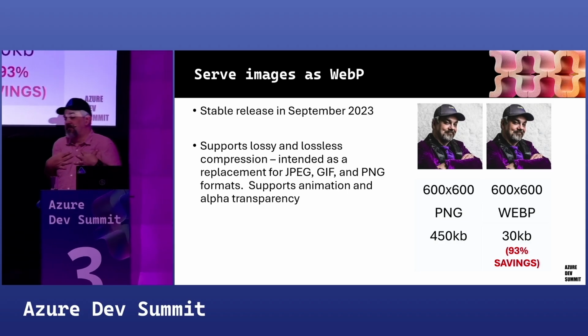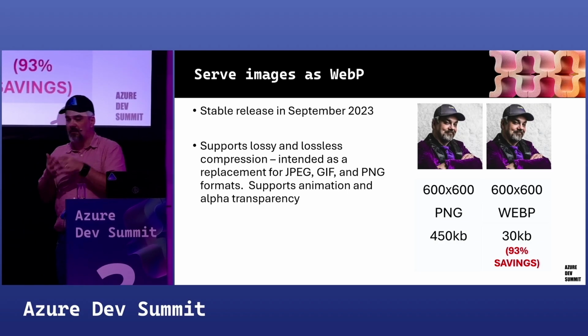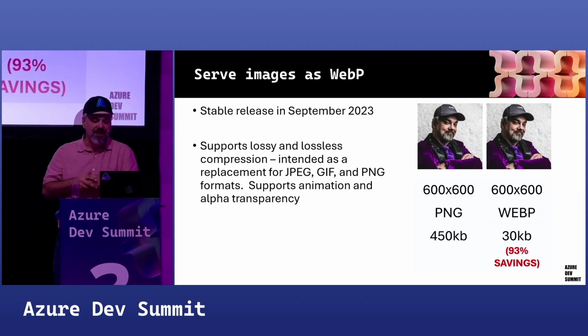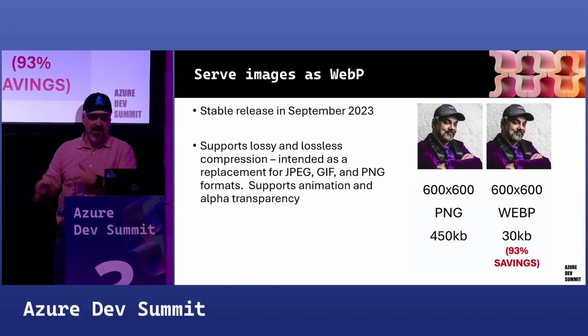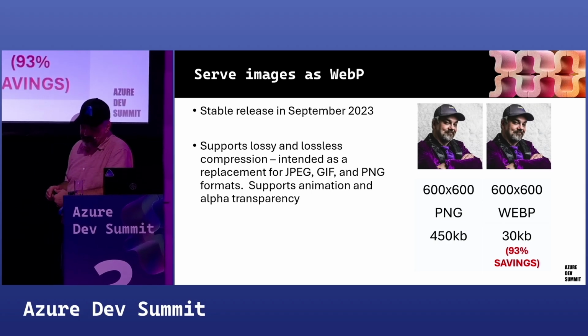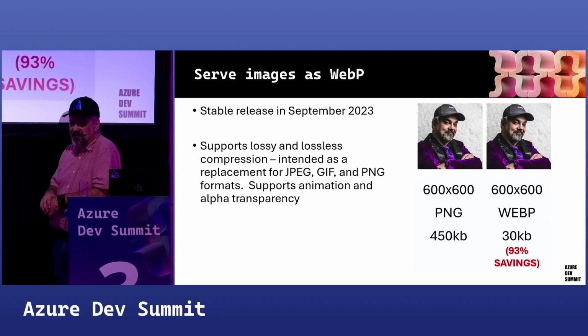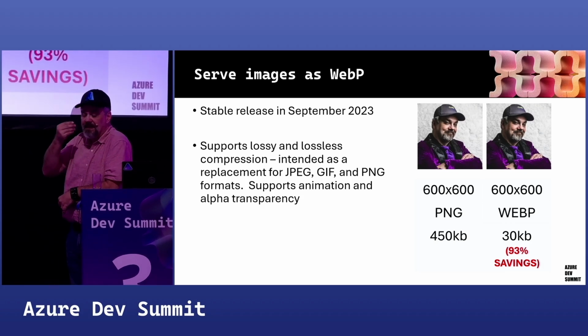I was a JPEG user before, then PNG in the early 2000s, mid 2000s, and now I'm seeing WebP, and we got to use this. It supports lossy and lossless compression. It's a terrific replacement for all of our typical image formats. It also supports animation and alpha transparency.